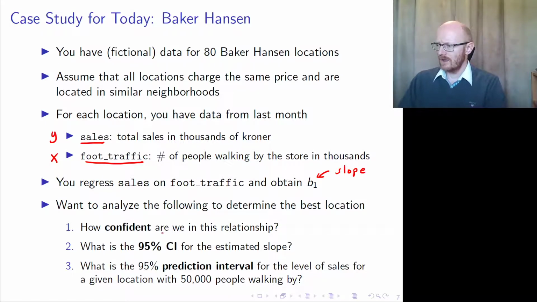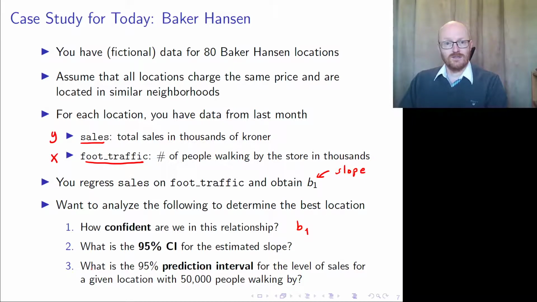Okay, so how confident are we in this relationship, in the B1, and what is the 95% confidence interval for the estimated slope, right? So how certain are we that this slope is, for example, different from 0?